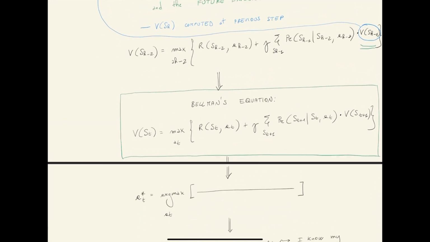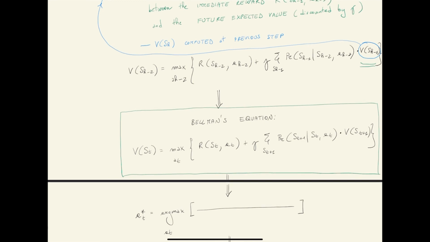That's the idea. And then we did all of this because we want to know the policy. So we want to know which action should we take at every time step. So if we have the expected value, so we have maximized the value of our revenues, then we take the argmax, so the argument that maximizes the revenues, and we get a star of t, so our optimal action to be taken at each time step t.